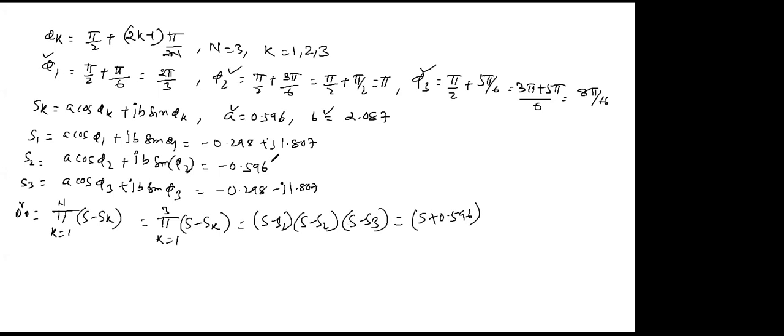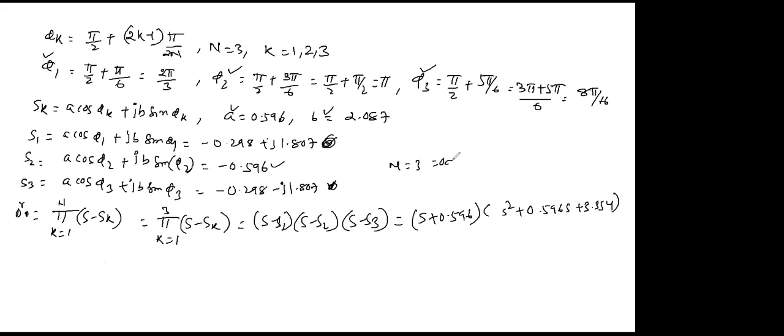No doubt, this is a complex conjugate pole. Yes or no? You will get s square plus 0.596 s plus 3.354.